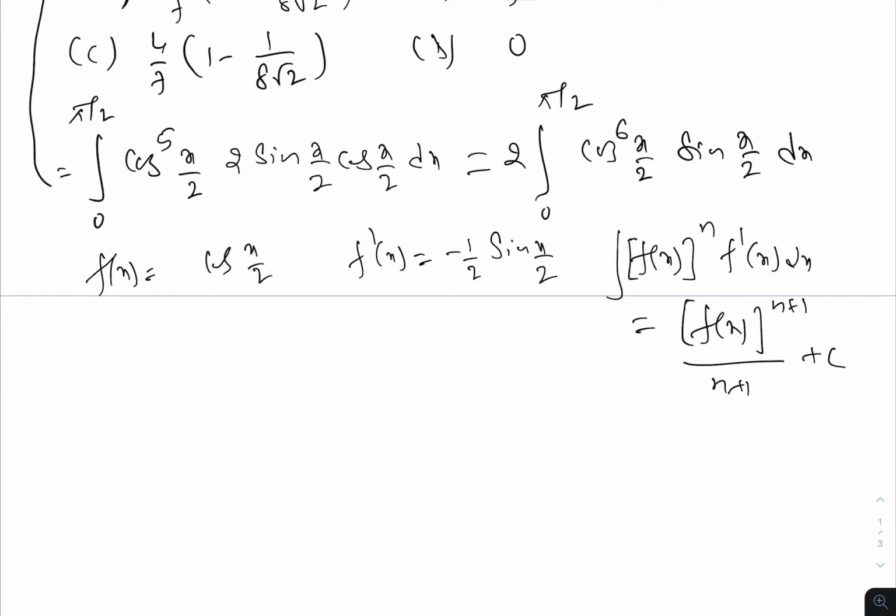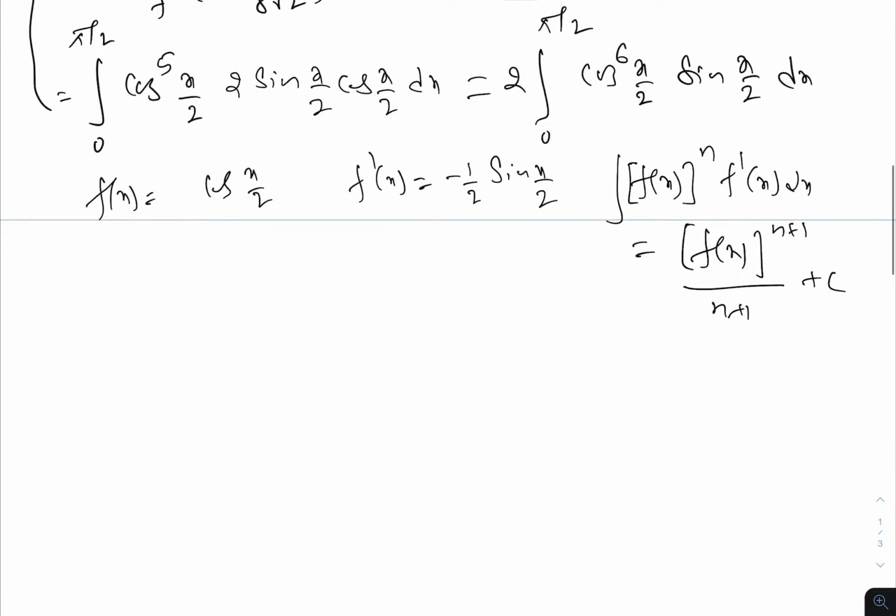So we try to write in that format, and that is nothing but the integration from 0 to pi by 2 of cosine power 6 (x by 2), and we write its derivative, minus 1 by 2 sin (x by 2) dx, and make it balance. So we have multiplied with minus 1 by 2. So can you write it like this?